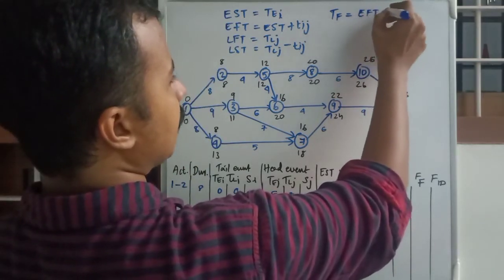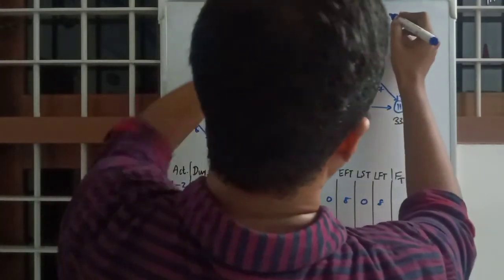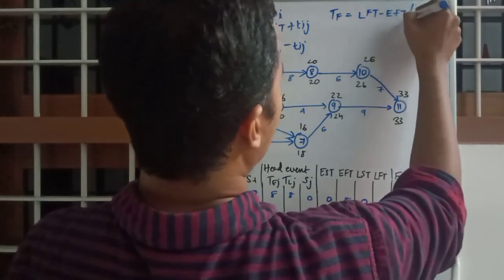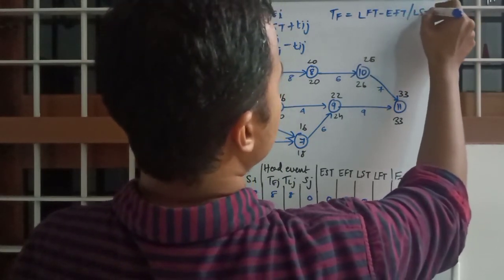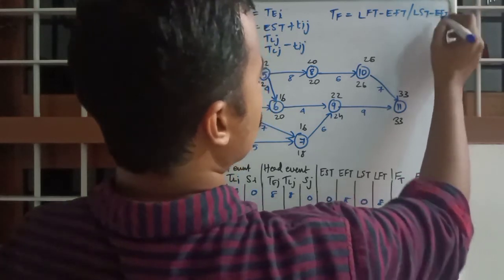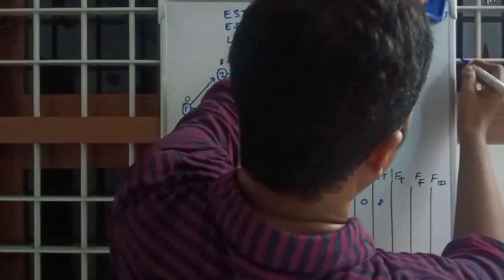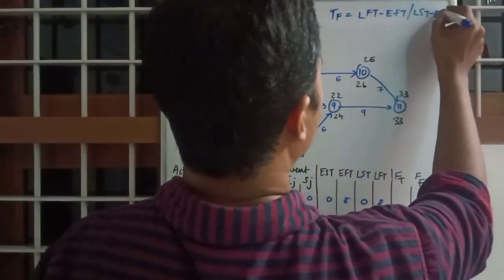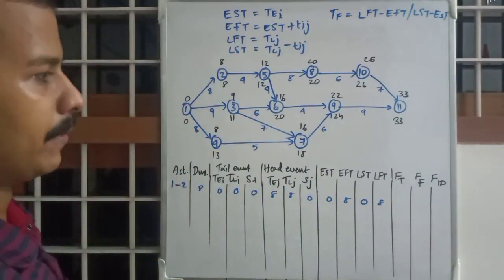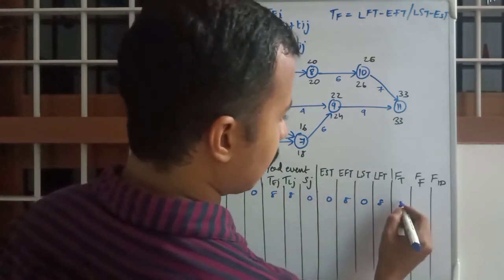That is LFT minus EFT, or LST minus EST. So that is 0.